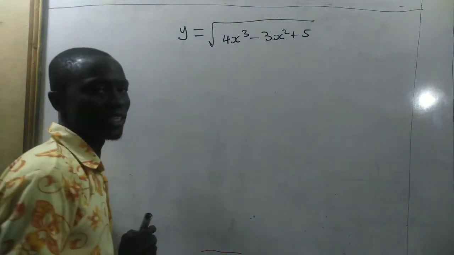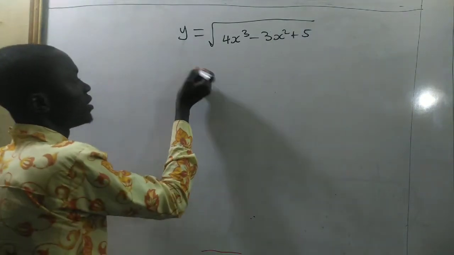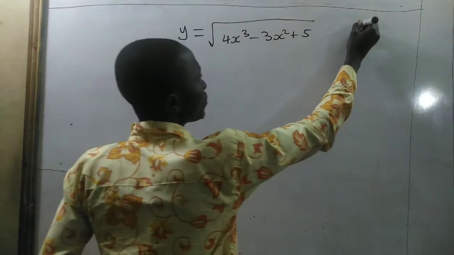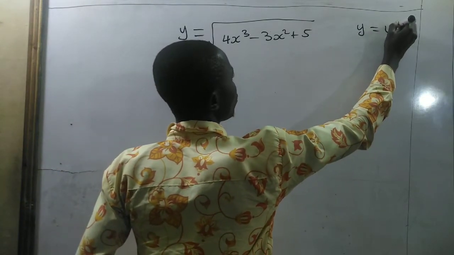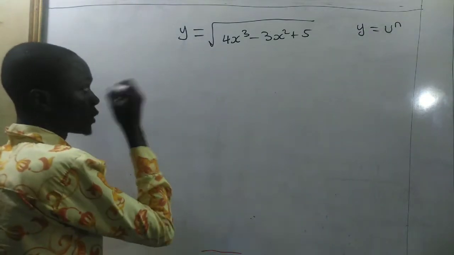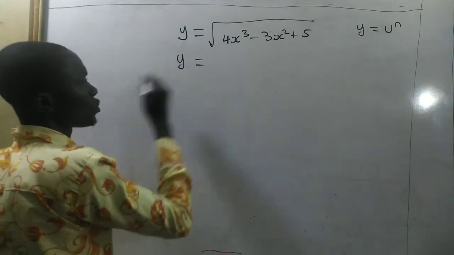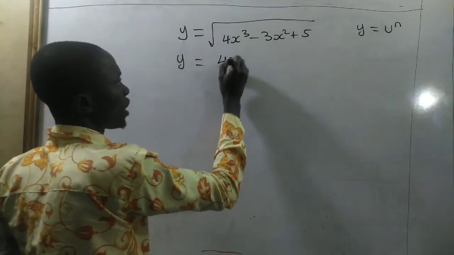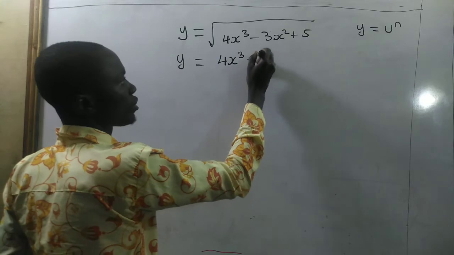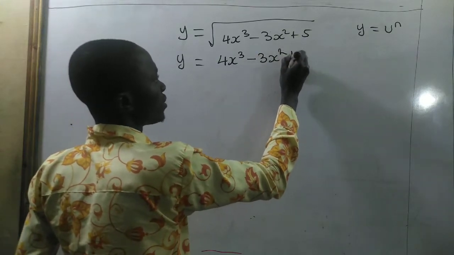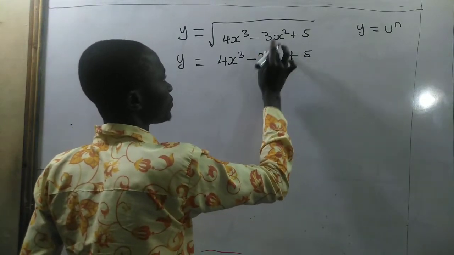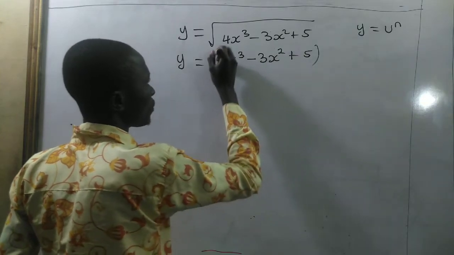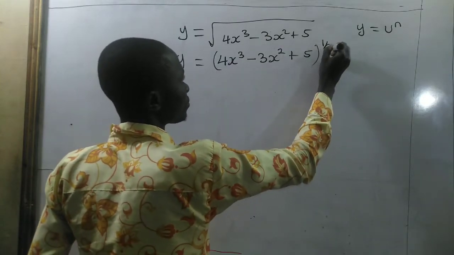How do we differentiate this? So here, let us write this in the form y is equal to u to the power n. So we are going to have y is equal to 4x cubed minus 3x squared plus 5, all to the power half.